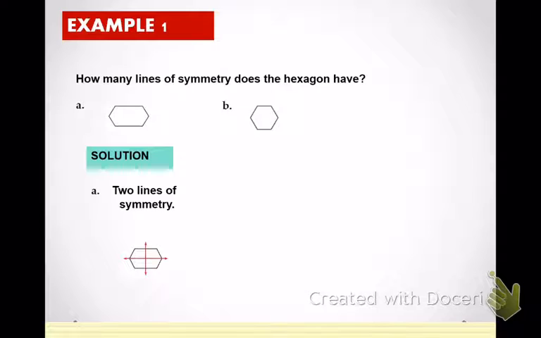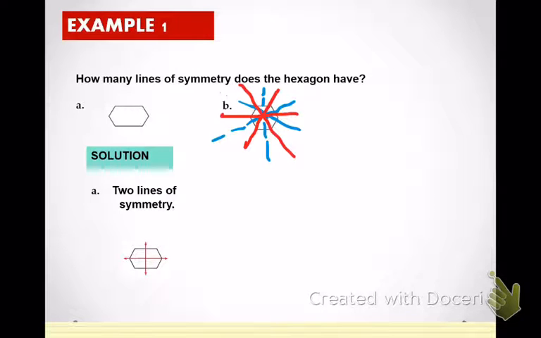It actually has 6, because I can not only draw lines of symmetry that cut the sides in half, like these, where each side is cut in half, there's 3 of those, and then we could have some that go through the angles, here, here, and here.